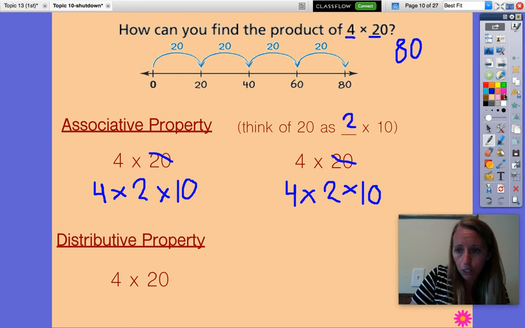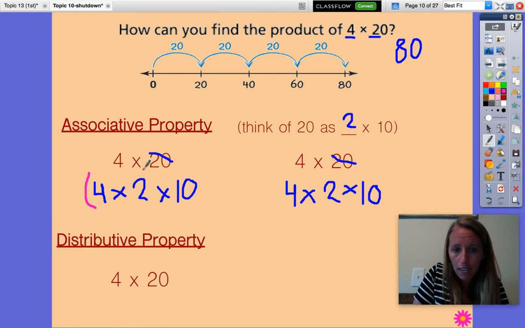So we are going to add parentheses to these equations because we can't multiply 3 numbers at once, right? 4 times 2 times 10. How do we know which factors to multiply first? So we can just group them. And the associative property says that it doesn't matter how you group the numbers you're multiplying, you still get the same number.